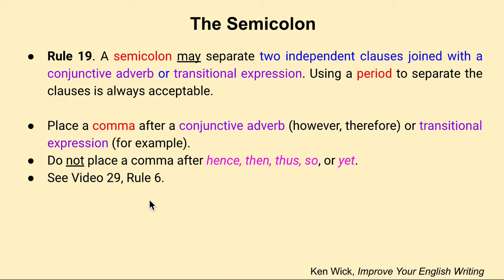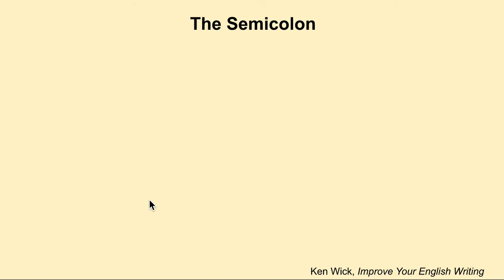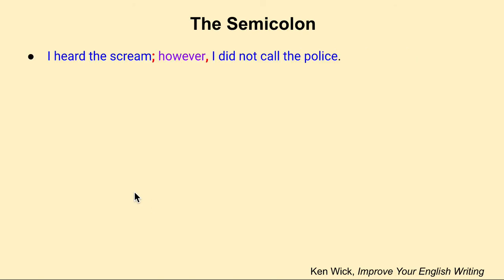So let's look at a few examples. I heard the scream; however, I did not call the police. Here you have two independent clauses joined with, in this case, a conjunctive adverb. Therefore, you may, underline may, join them with a semicolon, and then you put a comma after the conjunctive adverb.